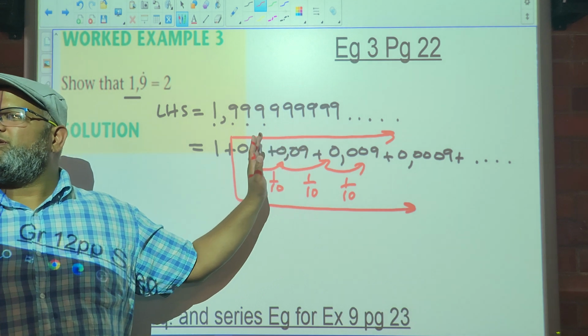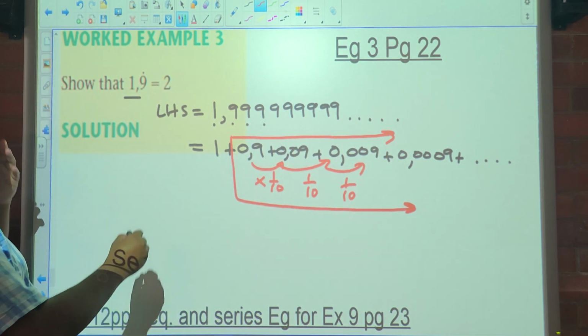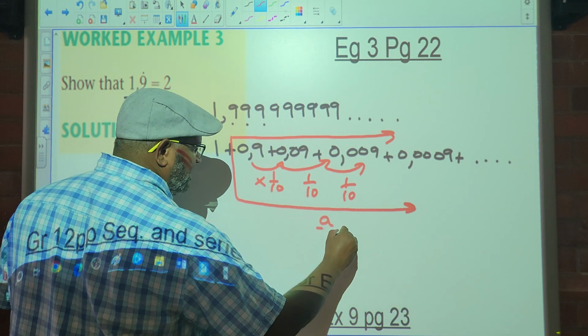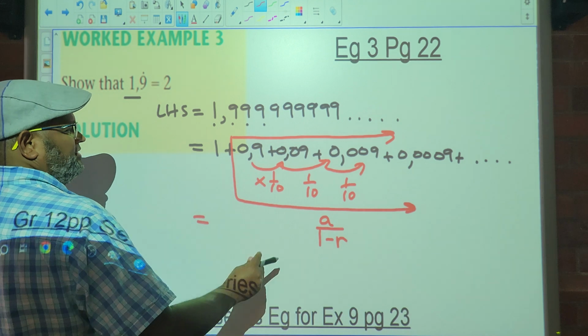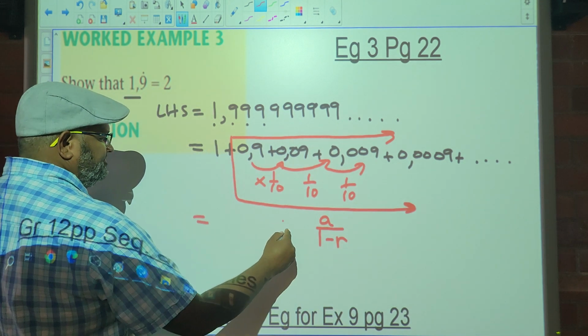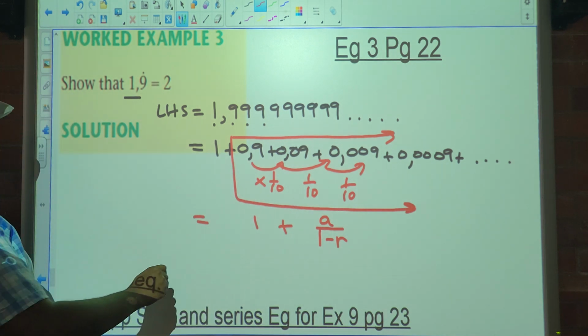And what can we apply here? The sum to infinity. When we work the sum out here, the sum to infinity is going to be a over 1 minus r. But what must be added to this? That 1 there. Okay. So let's do the calculations.